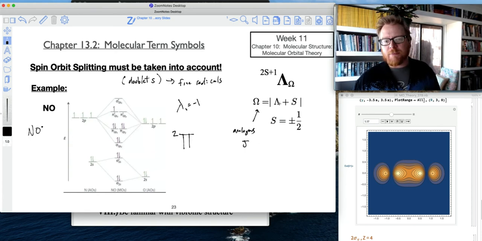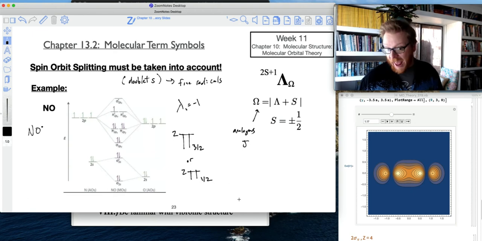And so here, if lambda is equal to 1, remember, we only want the positive value, then that means this omega for NO is going to be 3/2 or 1/2, the doublet pi 1/2, okay?